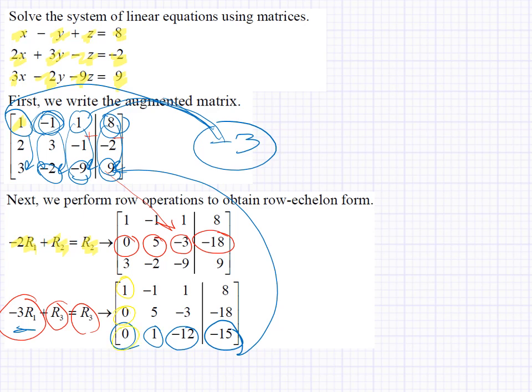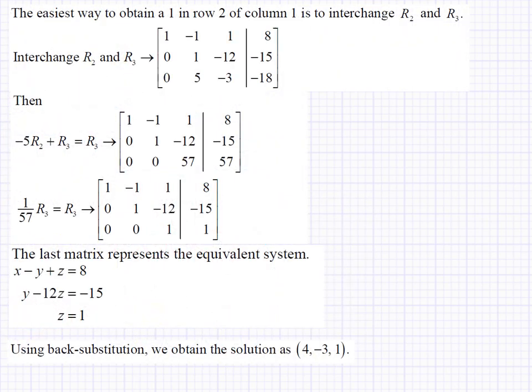Next thing I want to do is get this term right here to be a 1. Well, I can simply get that term to be a 1 by dividing by 5. However, if you notice, the row 3 we had before had a 1 in that middle position.